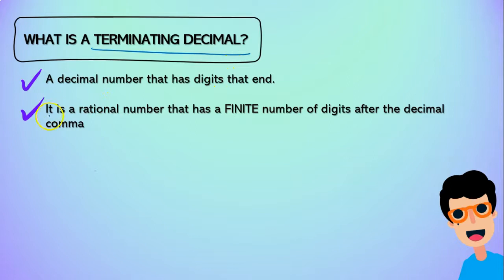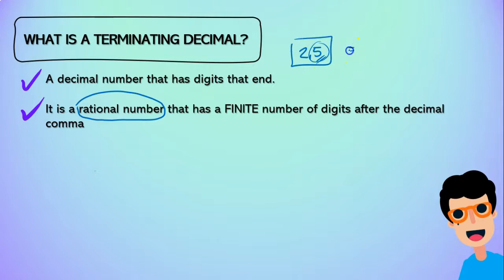So the second definition is that a terminating decimal is a rational number that has finite number of digits after the decimal comma. The fact that it is a rational number is pretty helpful because a number like 2.5 finishes and ends because of the 5. How can we express a number like 2.5 as a fraction?